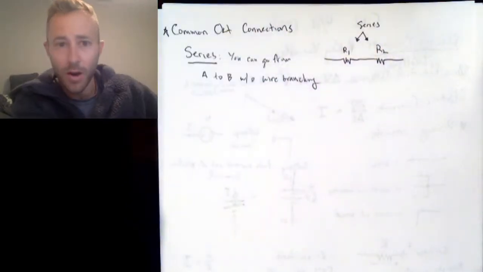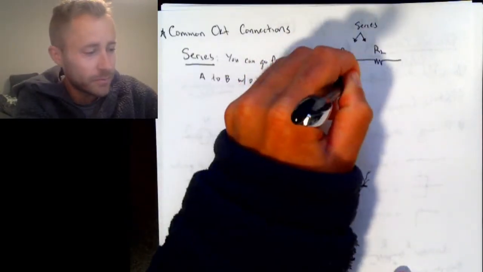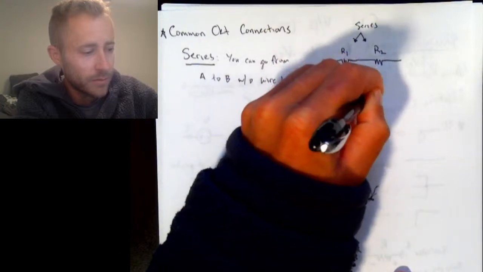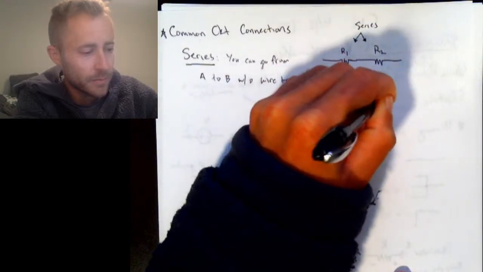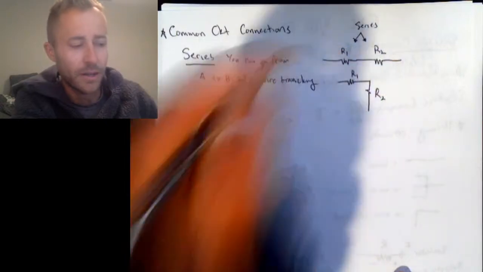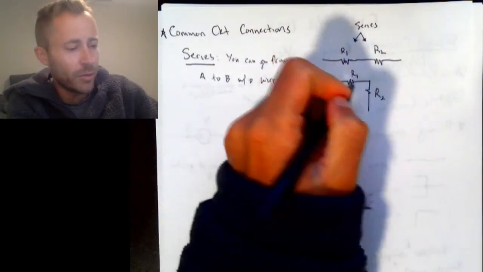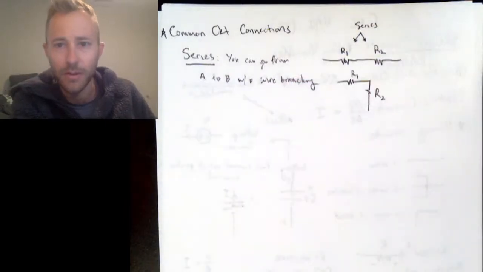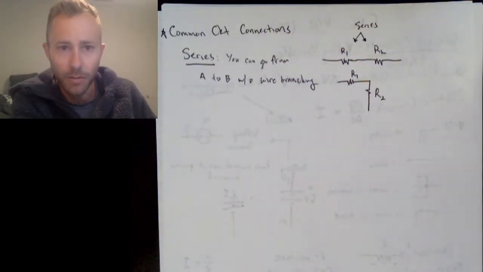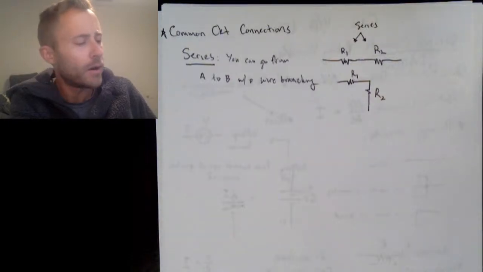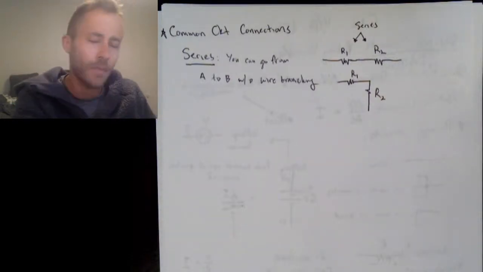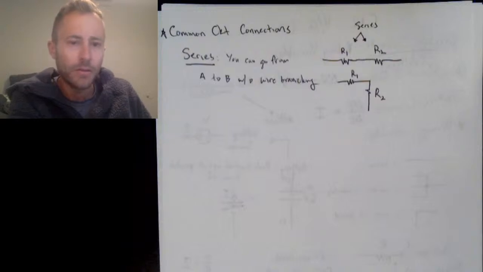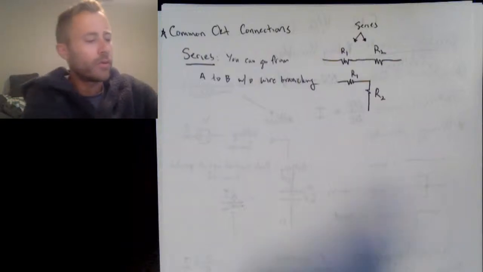It doesn't matter if the wire bends. The wire can bend. That is still series because even though the wire bent, there is no branching off of the wire. So let me draw you something that is not in series.